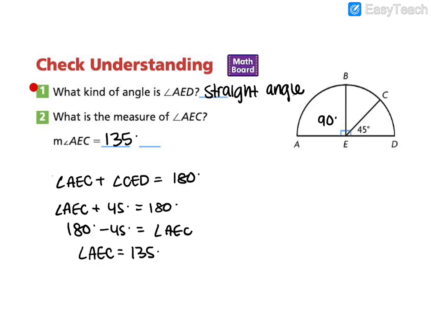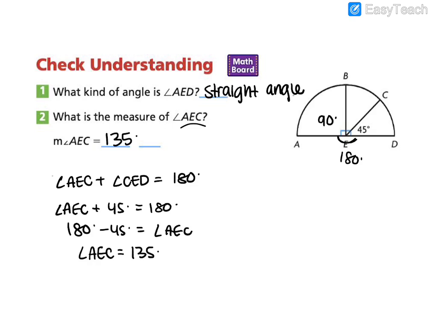So number 1 asked us what kind of angle is angle AED. AED is a straight angle. So we know that this angle measure here will be 180 degrees. That gave us a hint as to how to find the measure of angle AEC.